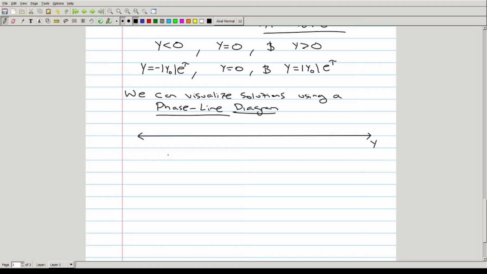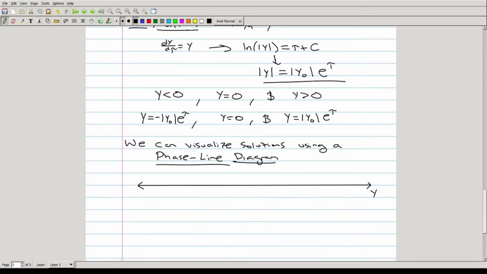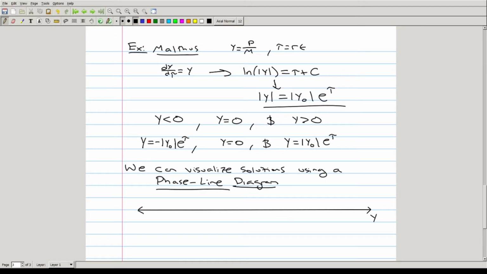The first step is to calculate the critical points, or the equilibrium points, I should say, and we can do this without going through and solving the ODE.